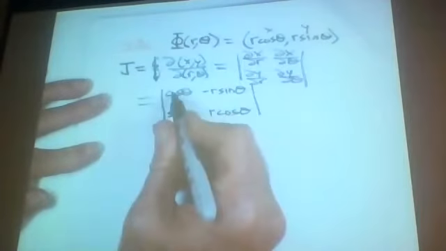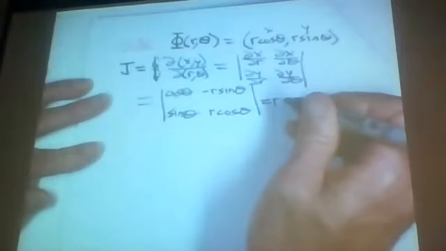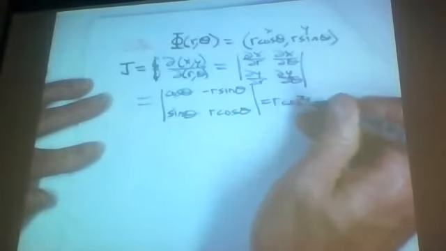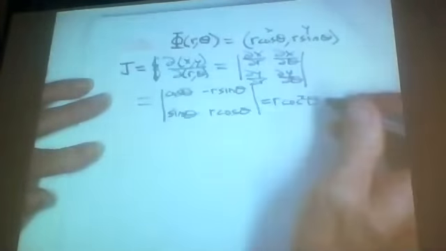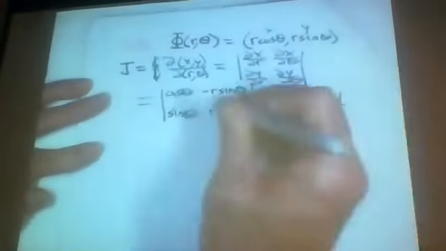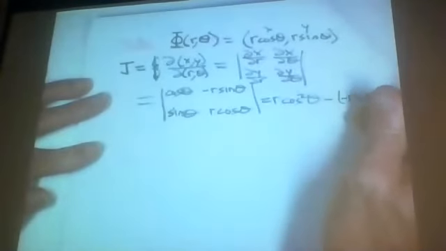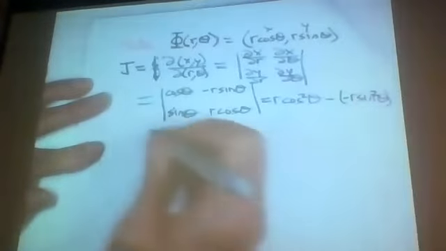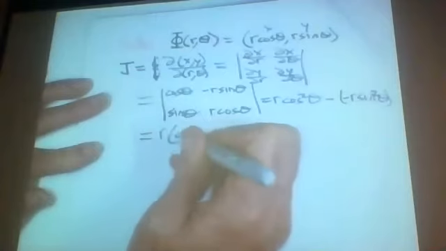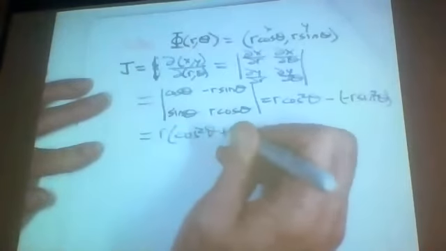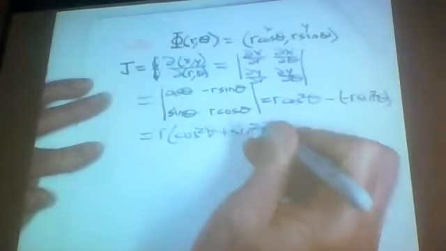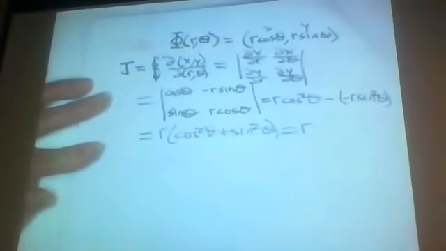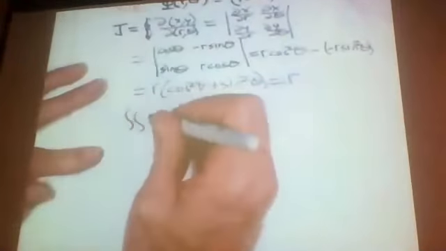And let's see what that is. Cosine times r cosine is r cosine squared theta, minus this one times this one, minus r sine squared theta. It's equal to r times cosine squared plus sine squared. It's just r.